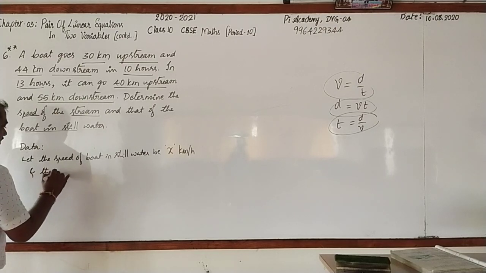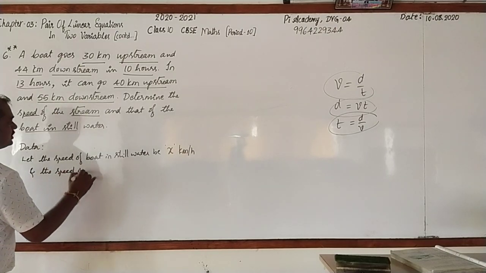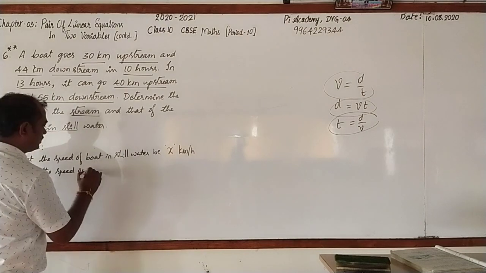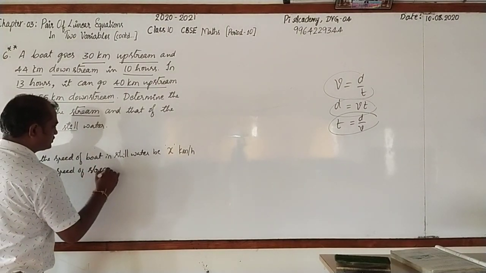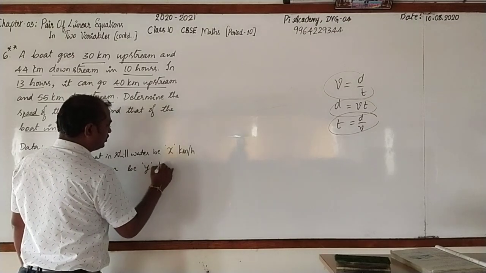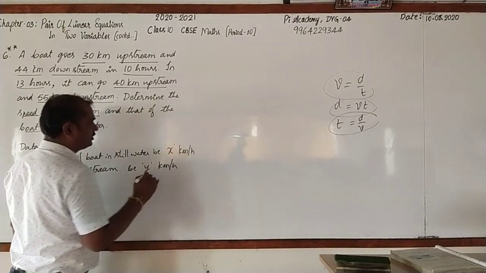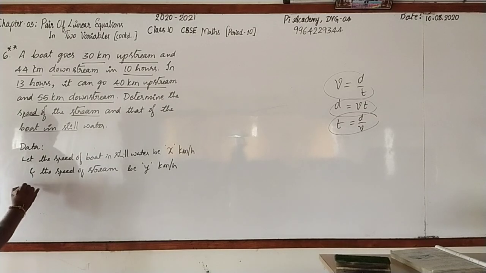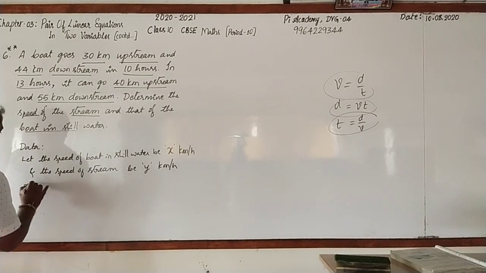Similarly, the speed of the stream, nothing but flowing water or running water, let it be y kilometer per hour. Now my question is, if it is so, what is the speed of the boat in upstream and downstream? Let's go for writing one by one.